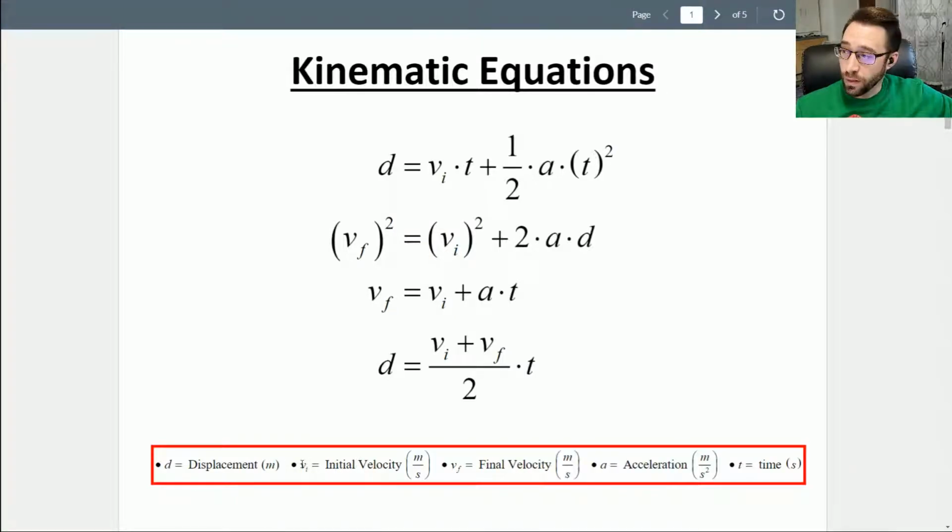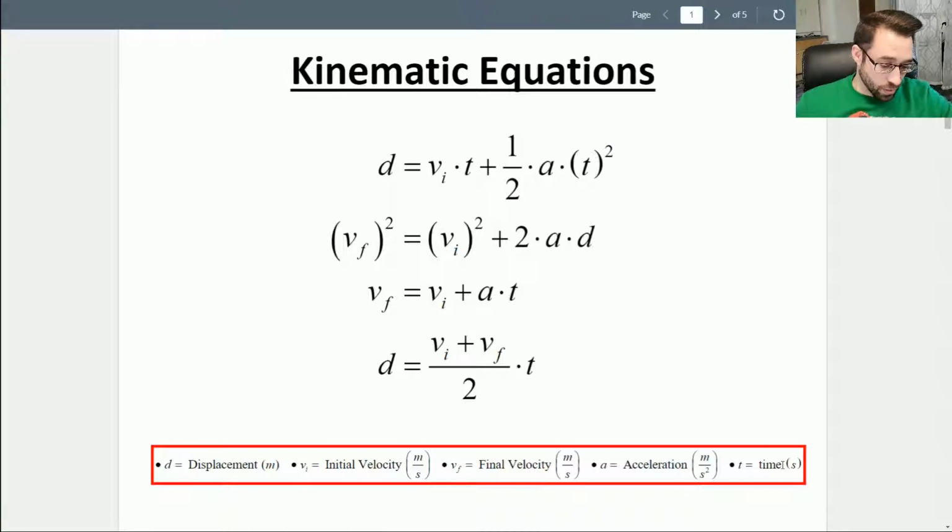My initial velocity is v sub i, and that has units of meters per second. My final velocity is v sub f, which also has meters per second for the units. a is the acceleration, and that's meters per second squared. And time is t, and that is units of seconds. Okay? So that's going to be important in the next couple minutes.